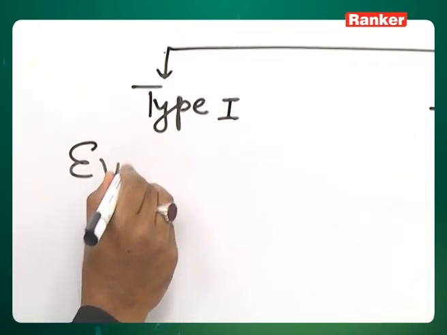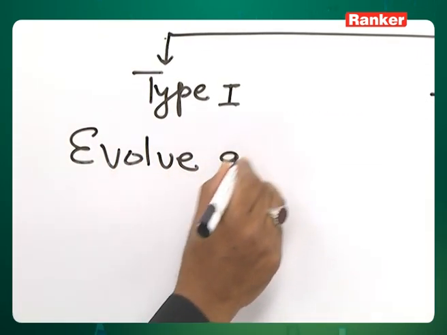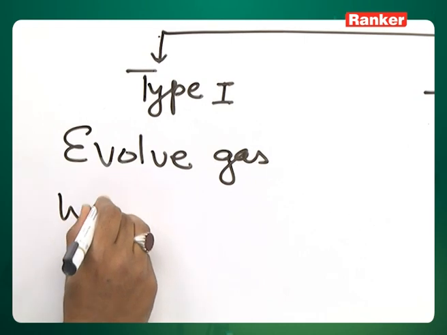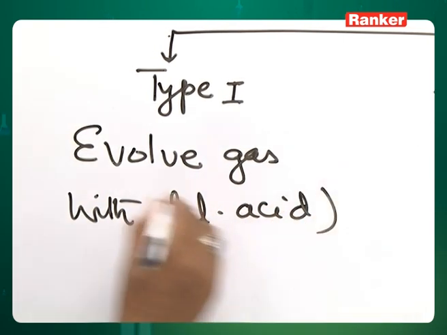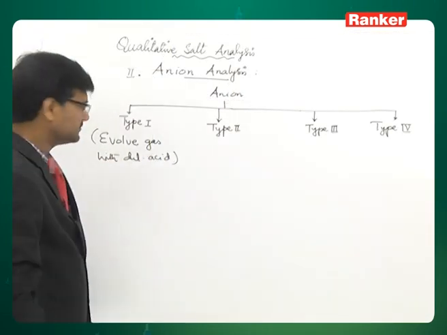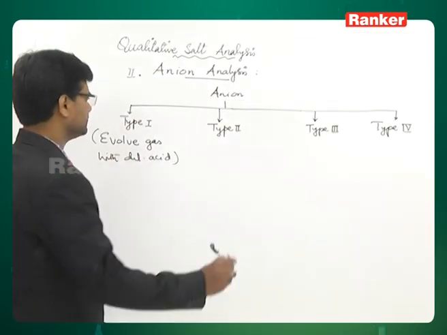Type 1 evolve gas with the dilute acid. Type 1 anions evolve gas with dilute acid.